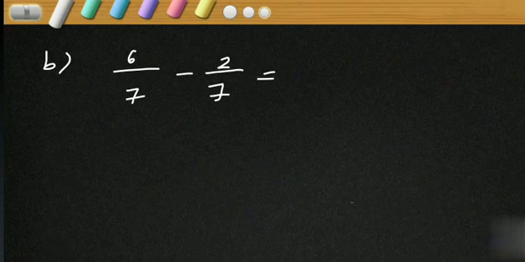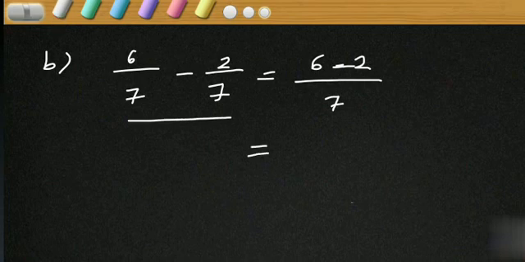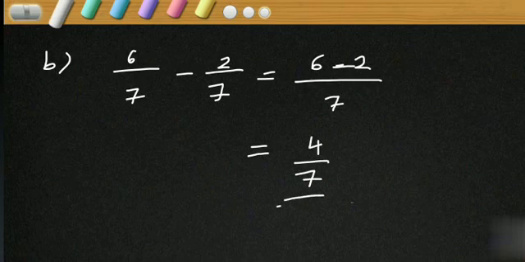So what shall be done? Just subtract the numerators. Which are the numerators here? 6 and 2. So we have to subtract them and keep the denominator as it is. Which is the common denominator here? Yes, 7 is the common denominator. So keep it as it is. So 6 minus 2 is 4. 4 by 7 is the final answer. Got it? Have you understood? Okay.